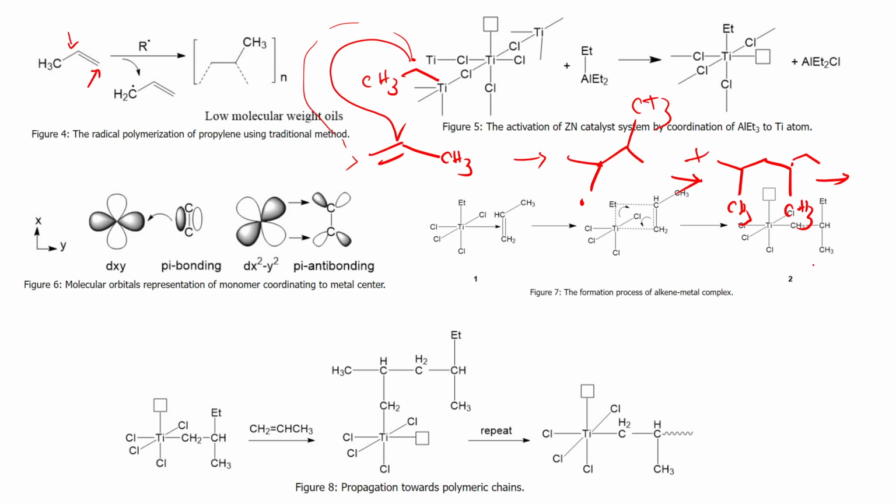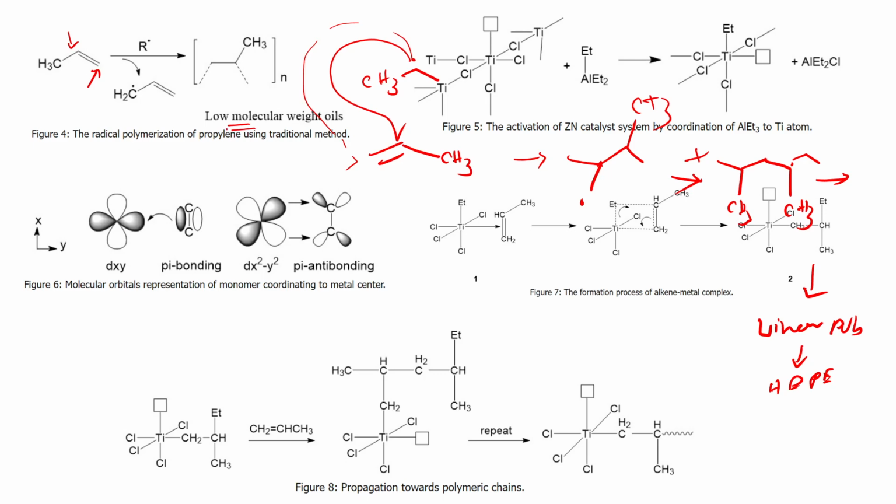Only if this happens can you generate your linear polymer and ultimately the high density one, high density polyethylene. So that's why the probability is very low, and radical polymerization cannot make that kind of material.